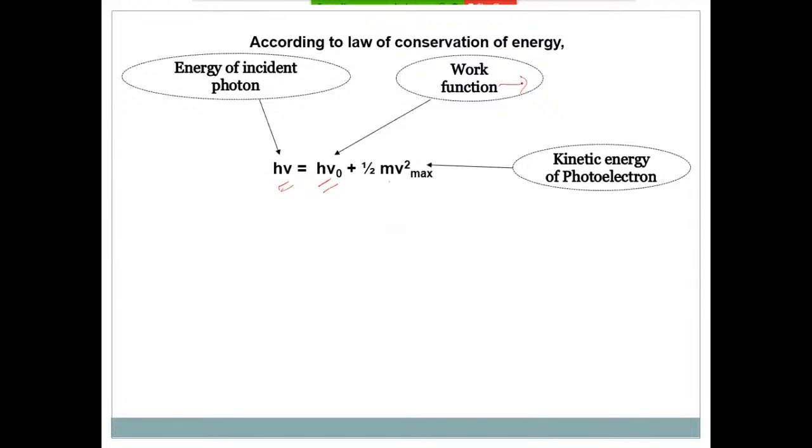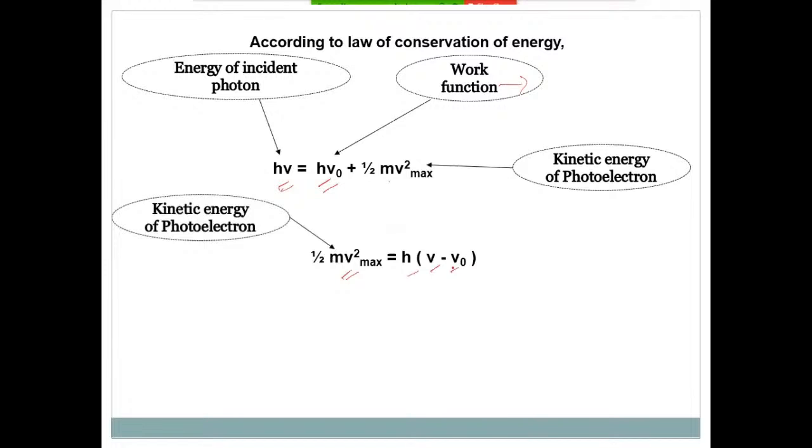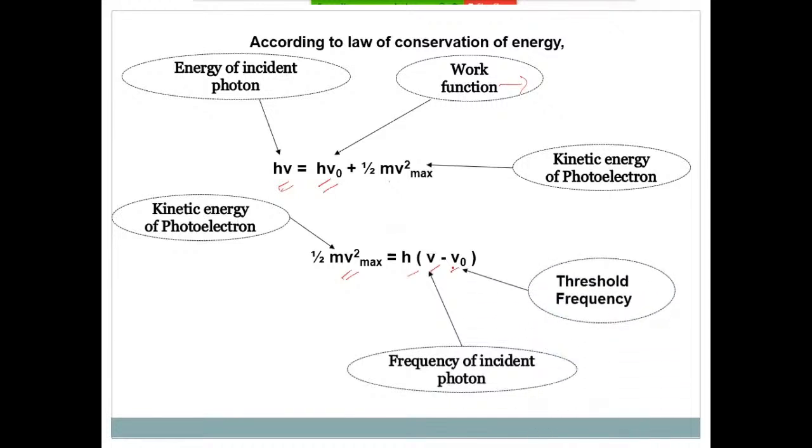When we solve this equation, half m v square equals h times nu minus nu naught. Here, half m v square is the kinetic energy of the photoelectron, nu is the frequency of the incident photon, nu naught is the threshold frequency, and h is Planck's constant.